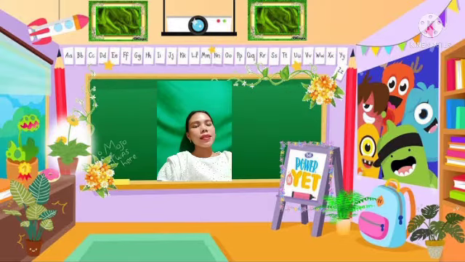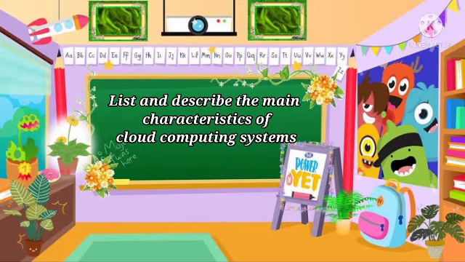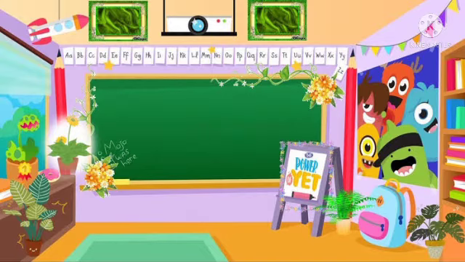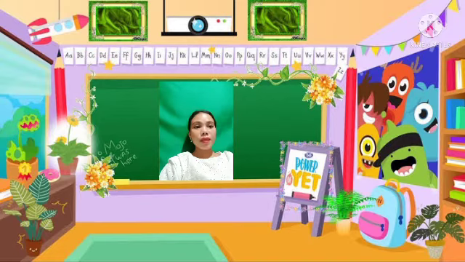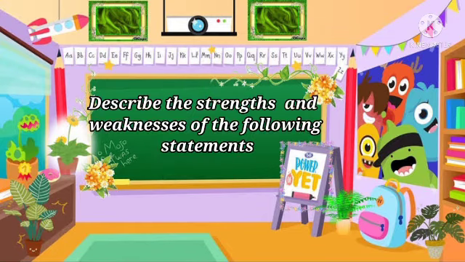Analyzing means to study or determine the nature and relationship of the parts of something by analysis. Example: list and describe the main characteristics of cloud computing systems. Evaluating means forming an idea of the amount, number, or value of something.